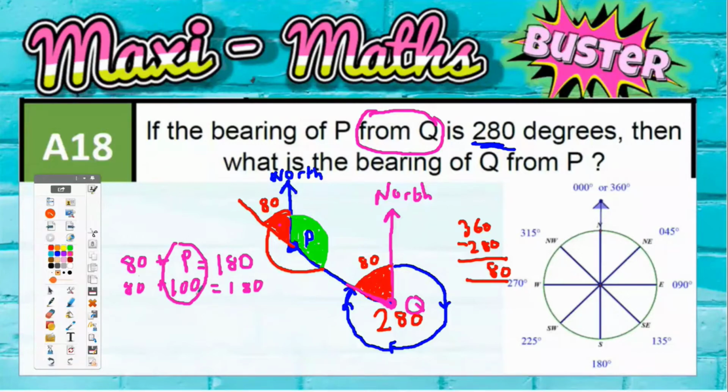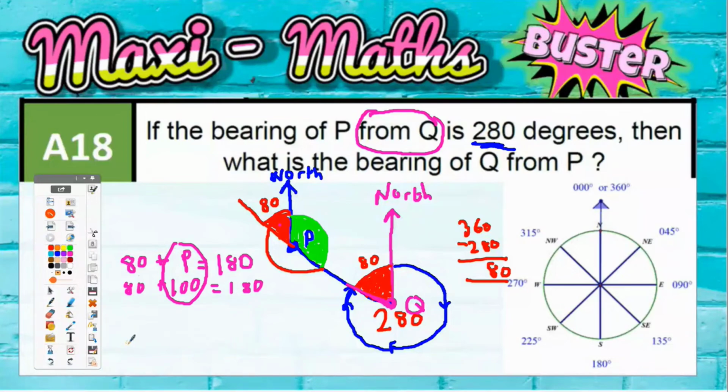So that's your answer. P is 100 degrees.